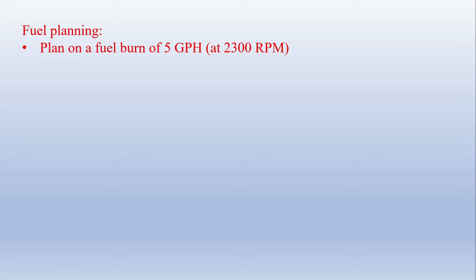That also assumes that you're running at a cruise RPM of about 2,300 RPM. You can run the engine a little faster, up to about 2,500 RPM is allowed by the Pilot Operating Handbook, and that will get you another 5 to 10 knots of airspeed in cruise. But you need to bump up your fuel burn assumptions if you do that to about 6 gallons per hour.